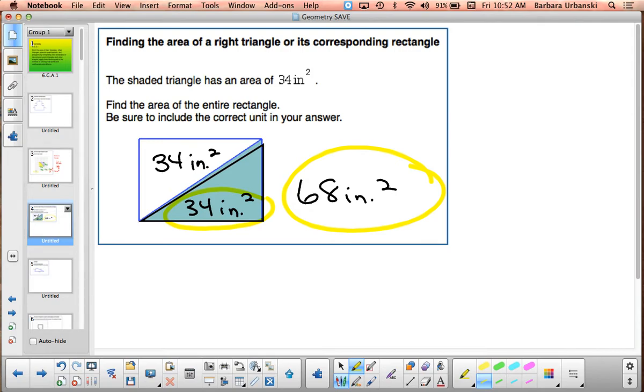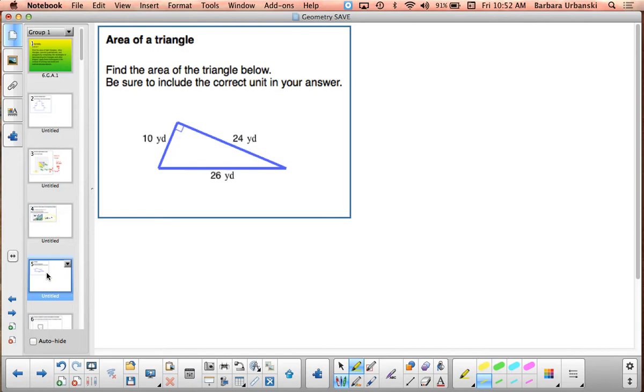The next thing, looking at a triangle where they're not putting it on grid paper and they're not making a rectangle. This is where they're saying find the area of the triangle. We must make sure that we use our formula, and the 2 key parts for finding the area of your triangle are going to be your base and your height, your base and your altitude.